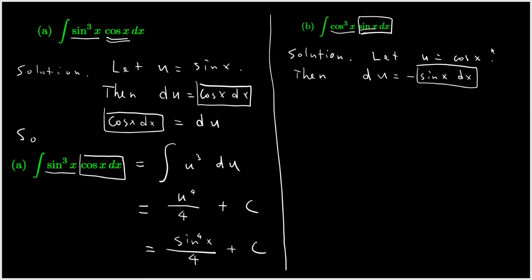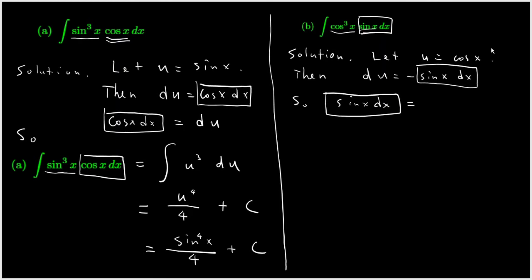The next thing you do is to solve the equation for the box. By that we mean we want to write the other function times dx as a number times the differential of u. The whole thing in the box is sine of x times dx.